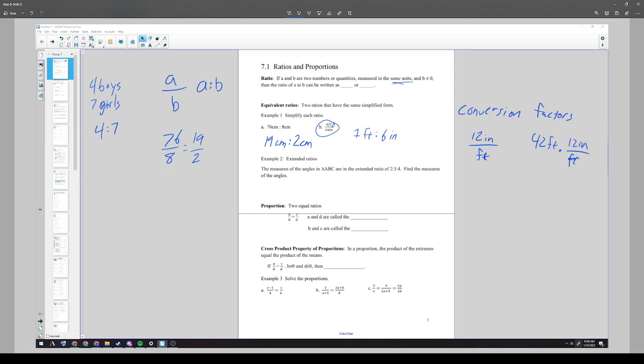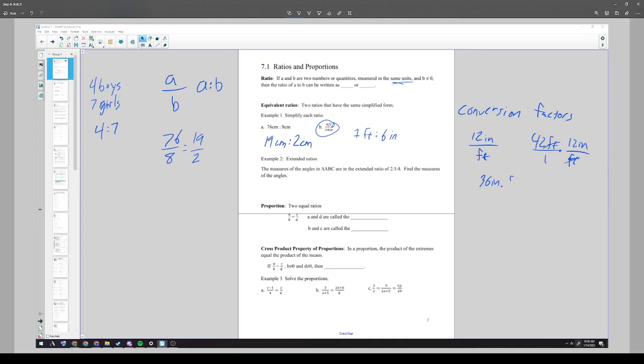And what happens is, just like numbers, these units, there's one on top and one on bottom. Remember, this is like over 1. These units can cancel out, and we end up with 42 times 12, and now our units are inches because those units canceled. We can also use them in reverse. So if I have 36 inches and I want feet, I can take this, since it's 1 over 1, and I can flip it.